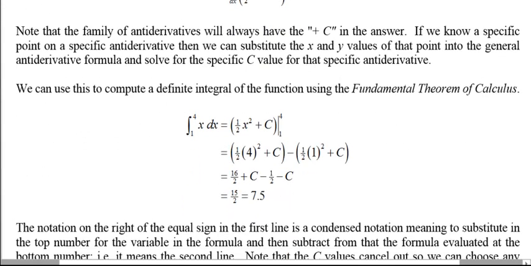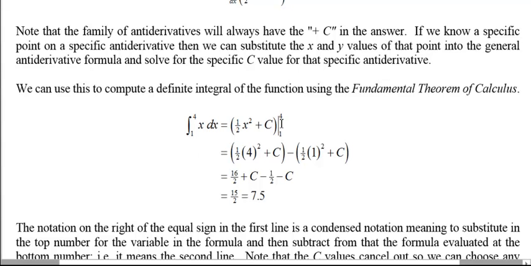Now, we can use this example that we just did in the fundamental theorem of calculus to evaluate the definite integral. So the definite integral from 1 to 4 of x dx, the fundamental theorem says get our hands on an antiderivative. Well, all of them look like 1/2 x squared plus c, and we evaluate from 1 to 4. This first line right here, this part on the right side, is just a shorthand notation for what you see on the next line, which is take this function, plug in 4, minus, plug in 1 here.